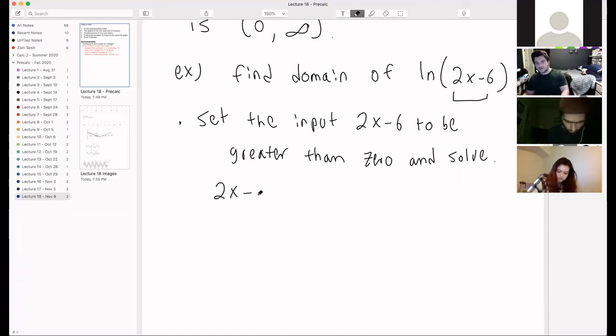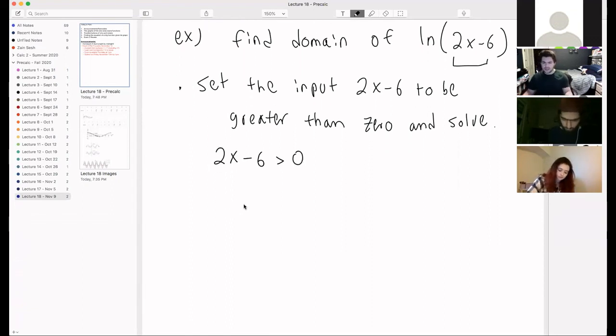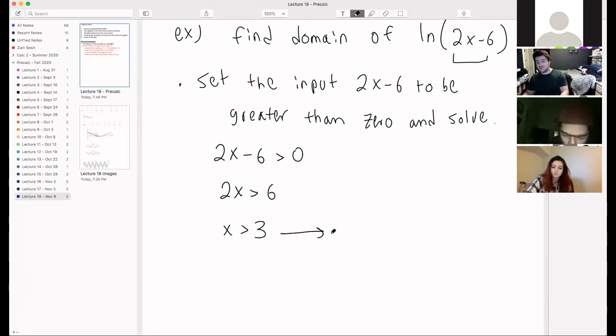This is a simple inequality. I think you guys can handle this. 2x is greater than 6. Divide both sides by 2. x is greater than 3. Now put this into interval notation. It's the open interval 3 to infinity.